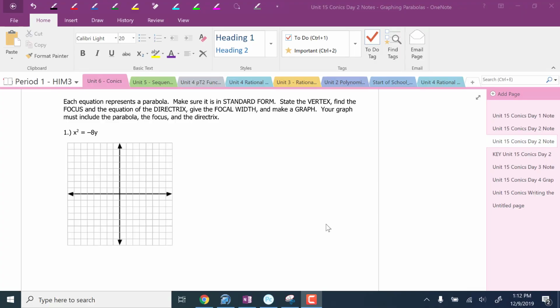Okay, hopefully in doing the couple of warm-up graphs, you were able to uncover the two types of parabola equations we have when we look at the parabola as a conic section. And both of them were vertex form.